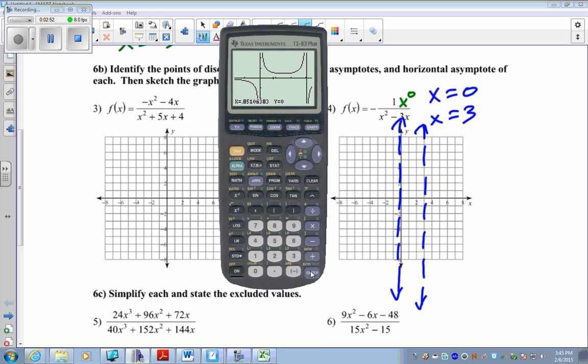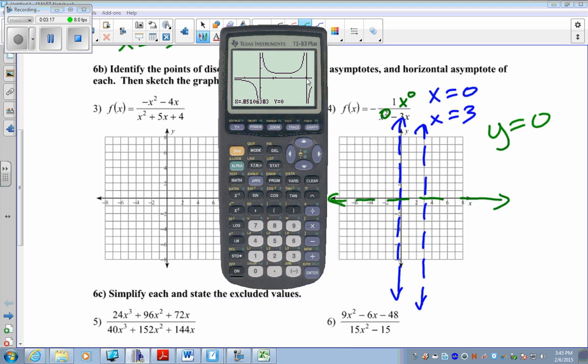And then 2 is the denominator's biggest exponent. 0 is less than 2, so then always, always, always the horizontal. When the numerator's exponent is smaller than the denominator, it's always y equals 0. And you can see this on the graph too. Y equals 0. Right along the x-axis.